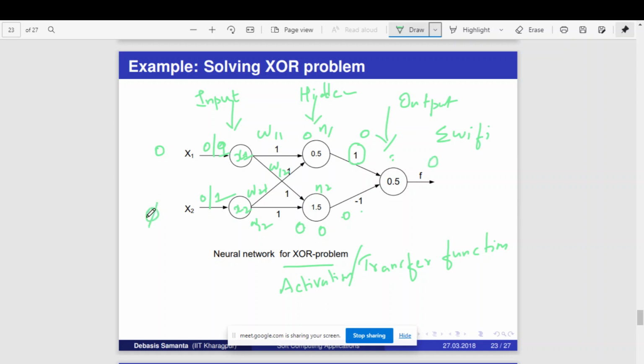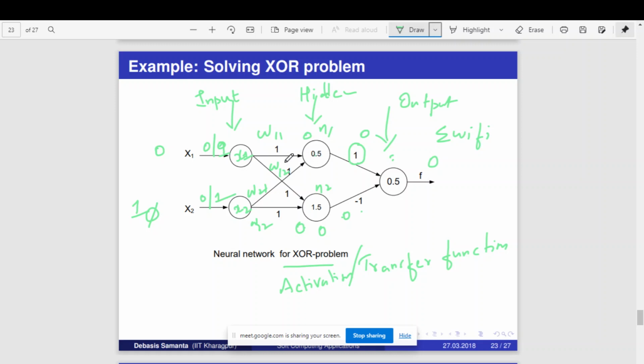Assume the second case. If it is 0, 1, this is 0, this is 1. Now, what will come to this activation? 0 into 1 is 0, plus 1 into 1 is 1, which is greater than 0.5.